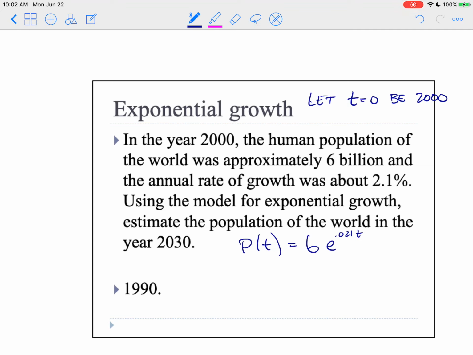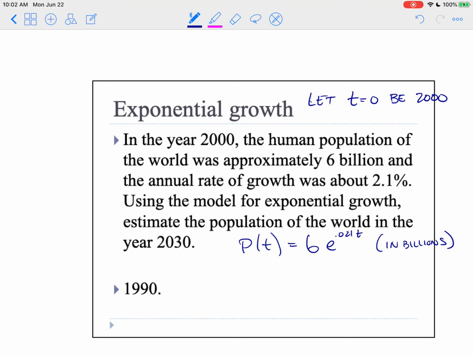When I plug in 0 for the year 2000, P of 0 gives me 6e to the 0, which is just 6. So I get my 6 billion by setting t equals 0 to be the year 2000.